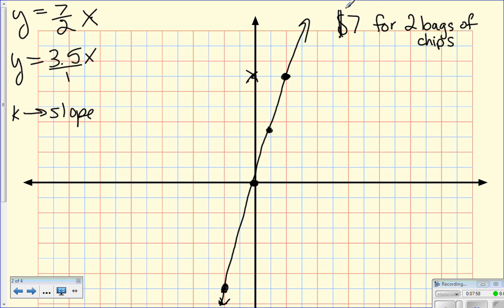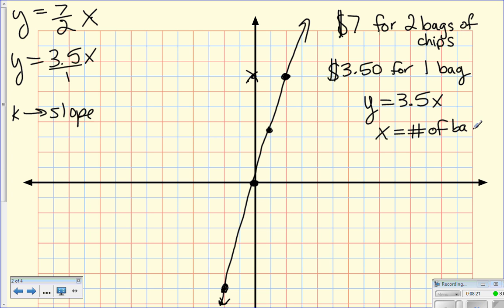Now, if you have $7 for 2 bags, that means that each bag costs $3.50. So you can write this function that we've already written, y equals 3.5 times x, where if x represents the number of bags, y will represent the cost, and that cost is in dollars.